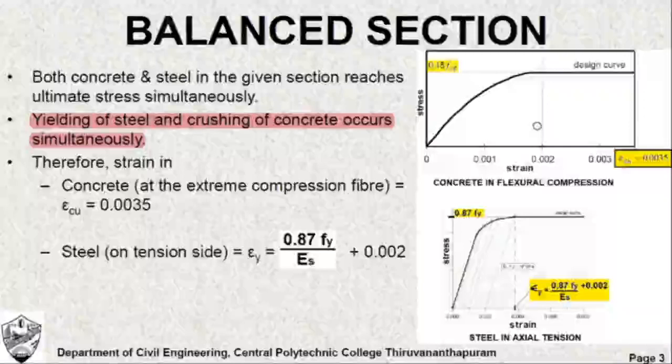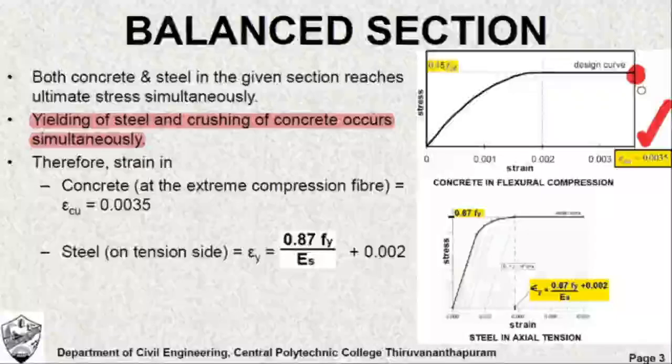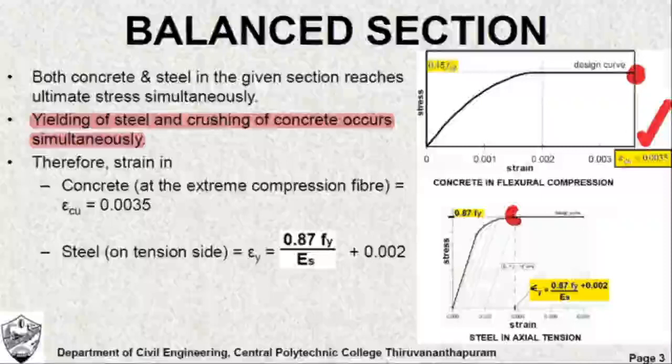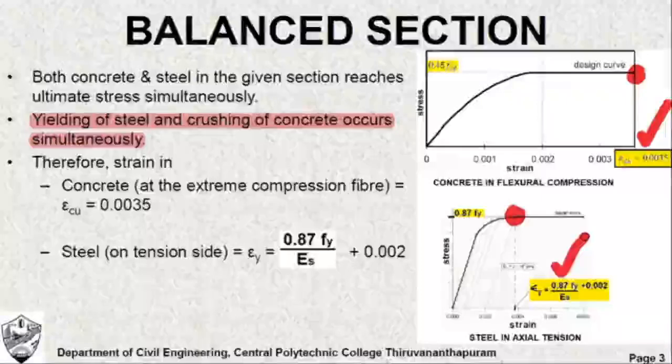So see this figure. It is the design stress strain diagram for concrete as well as steel. When we say that crushing of concrete occurs, the strain in concrete must have reached 0.0035. When we say the steel has yielded, then the strain in steel must have reached 0.87 Fy by Es plus 0.002.